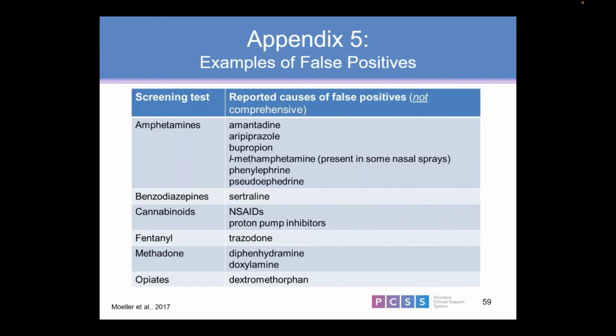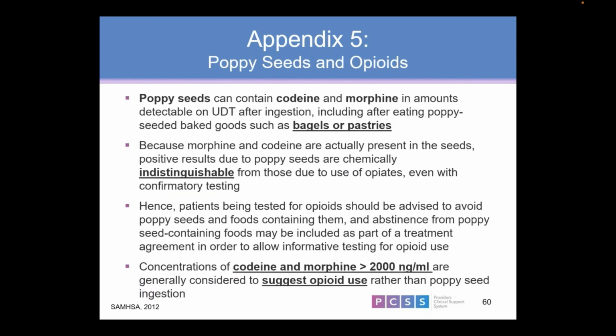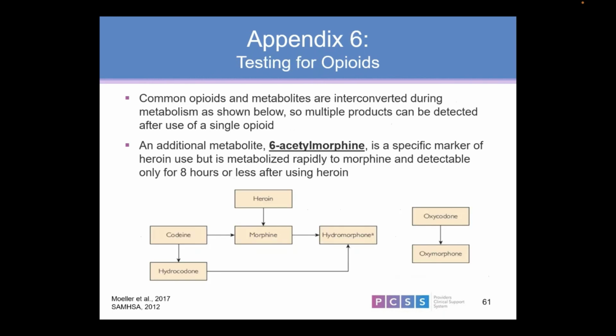Here are some examples of other false positives. Poppy seeds can show up as opioids, so you want to review that before you start. Then if they do come up positive, you can say, we talked about this. You need to stay away from ingestion of poppy seeds, or it will cause your tox screen to be positive, and then we have to go through this.